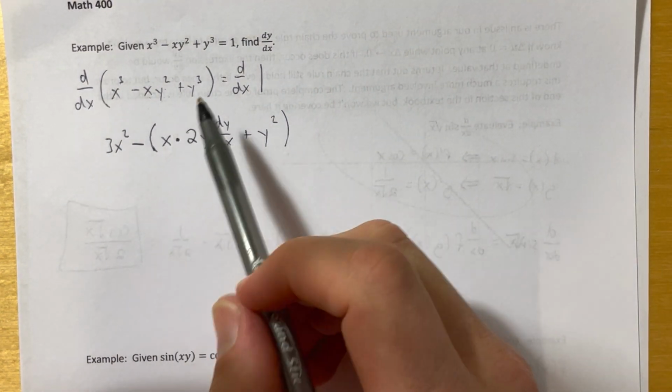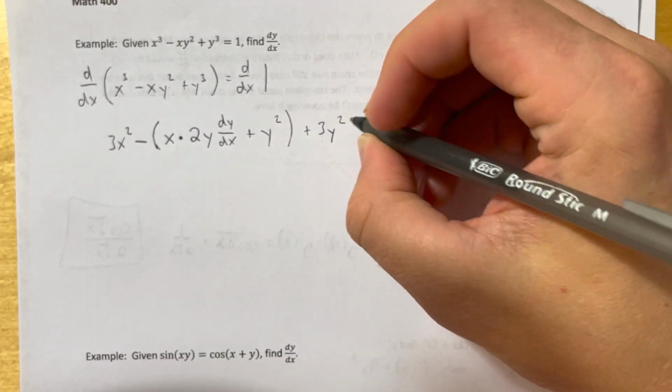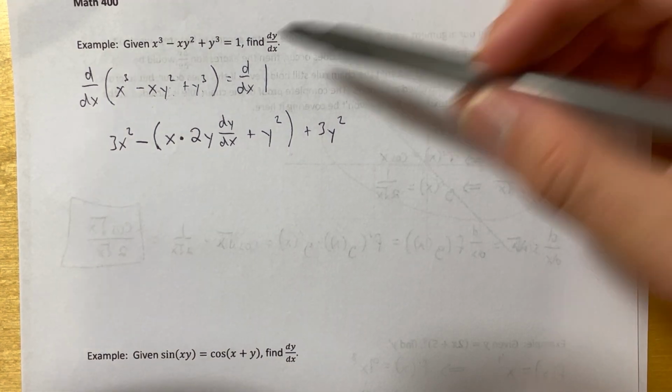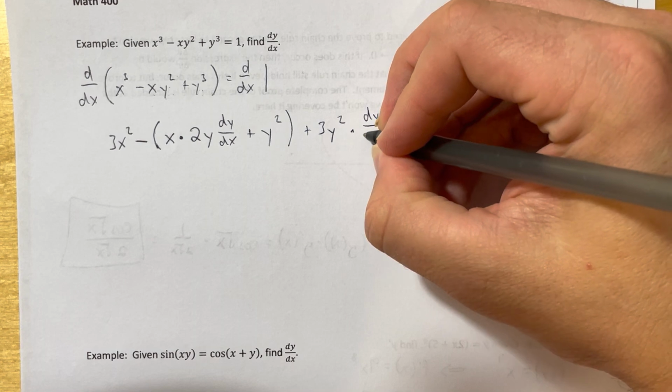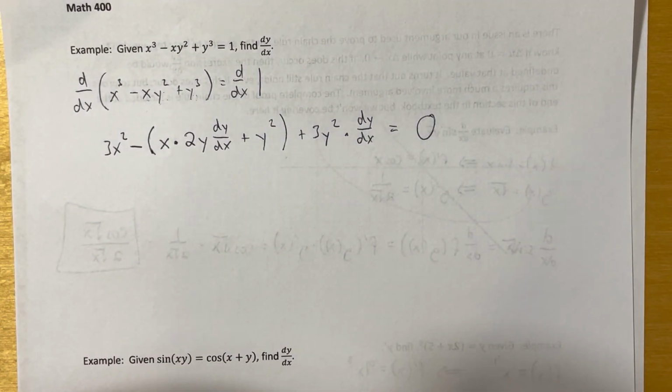Okay? Derivative of this guy would be plus 3y squared, but then again, because it's the chain rule that I'm really using here, I multiply by the derivative of my inside function, which is the derivative of y, dy dx. That's equal to 0 because I'm differentiating a constant there.